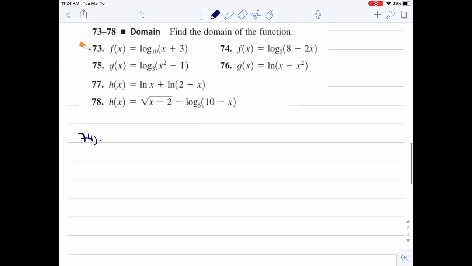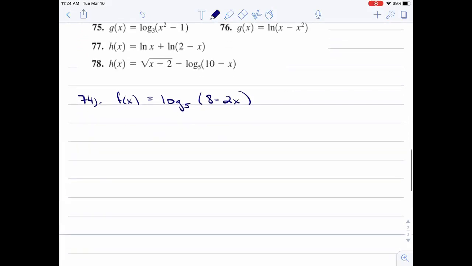So 74, if we have f of x is log base 5 of 8 minus 2x, if we're just finding the domain, right, then all we need to make sure is that 8 minus 2x is greater than 0, right, and not equal to 0. So for the domain, we need 8 minus 2x to be greater than 0.